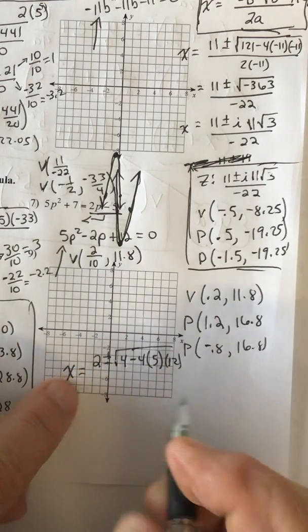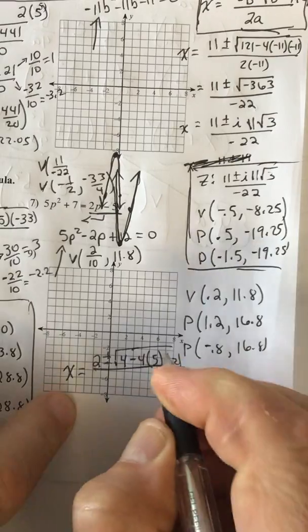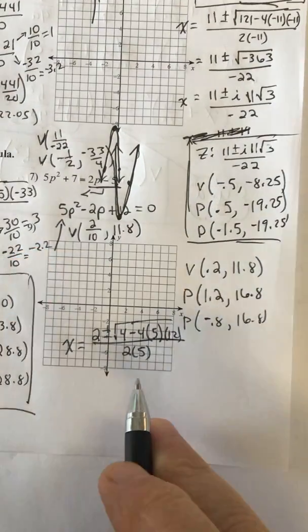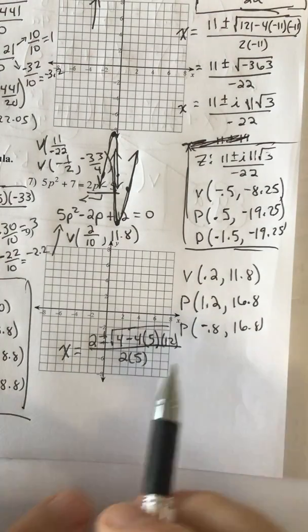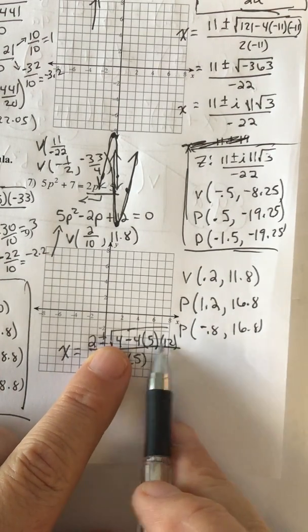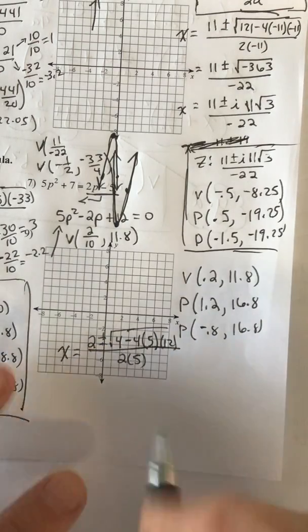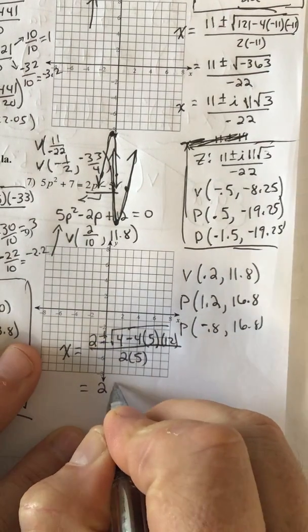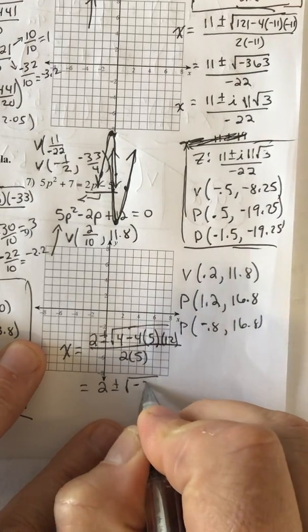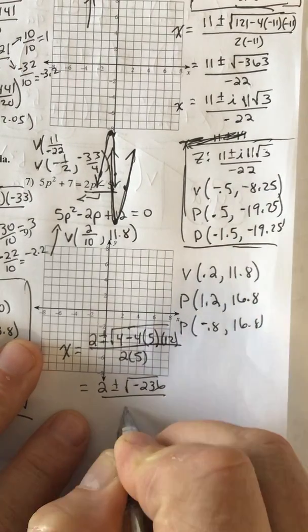It's going to be the square root of a negative, all divided by 2 times a. Okay, well, let's see what that negative is. I can probably do this in my head. 20 times 12, 240. This is 4 minus 240, which would be negative 236, all over 10.